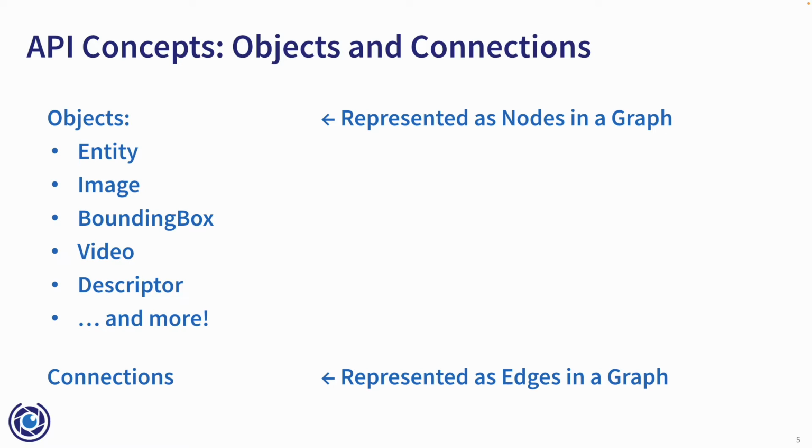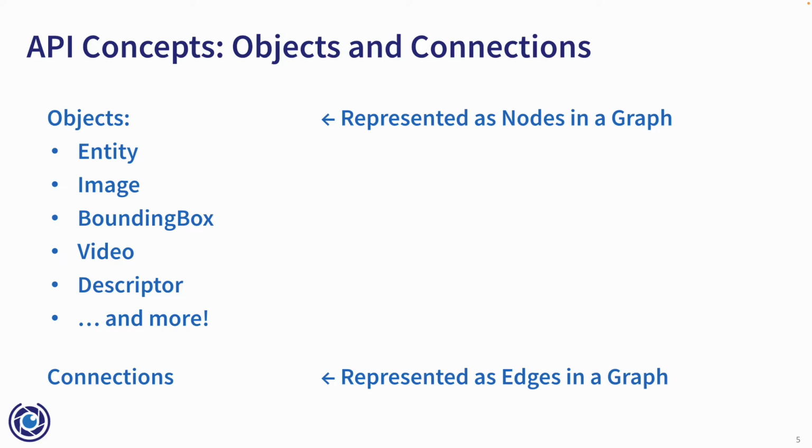But these objects can be of different types, right? We can have an object of type entity, which is a general purpose abstraction that is useful to represent any piece of metadata that you need for your application. Let's say that you have something like a person or a product. You can represent that person or product with their specific properties using the entity abstraction.